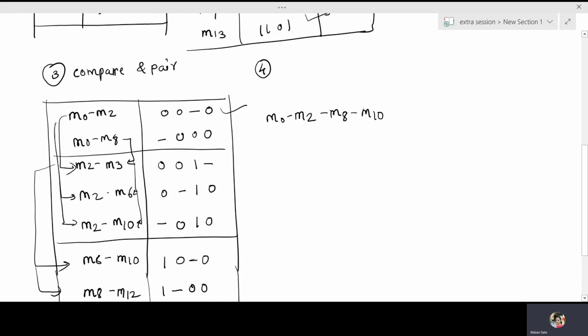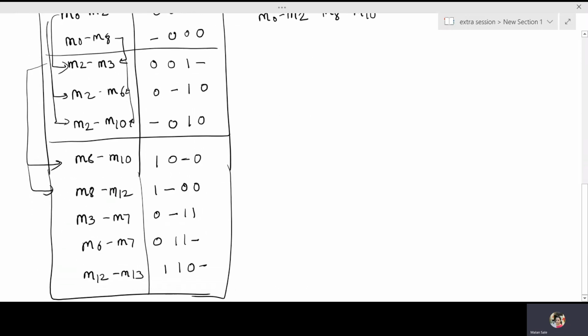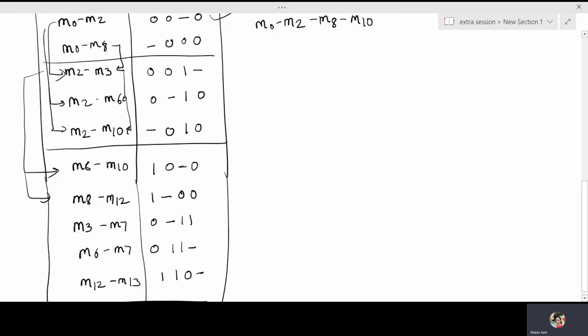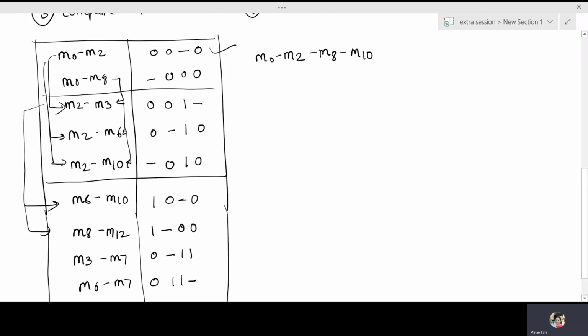As they are in the group, I add a tick mark. The binary representation is -0-0, for variables A, B, C, D. Next pair is M0, M8 with M2 and M10, and the bits are -0-0.